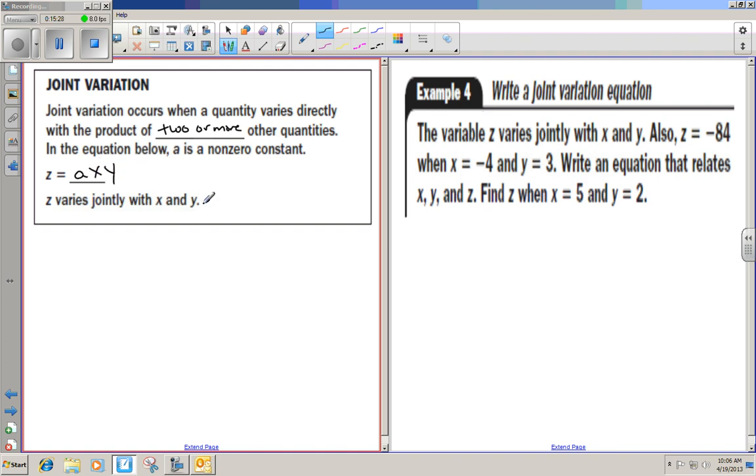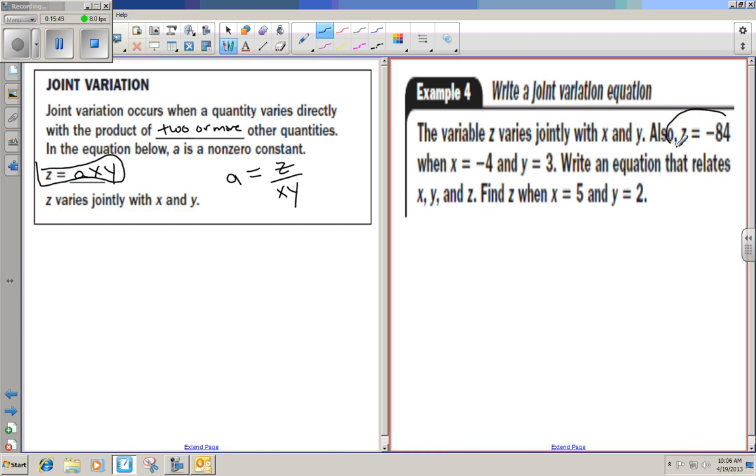So Z varies jointly with x and y. Now you're going to be given basically three total variables, but you follow this equation. The constant equals Z over xy. So let's take a look at this example.